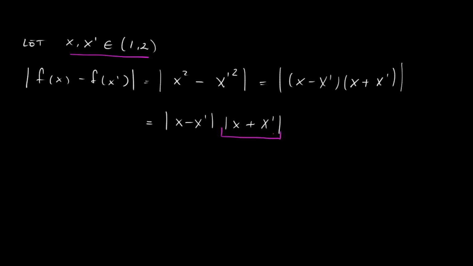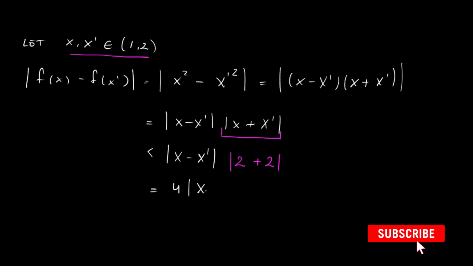So we can bound this sum and say that this will be smaller than the first term, which we leave as it is, times 2 plus 2, since x and x prime are both in this interval. And this is 4 times the absolute value of x minus x prime.